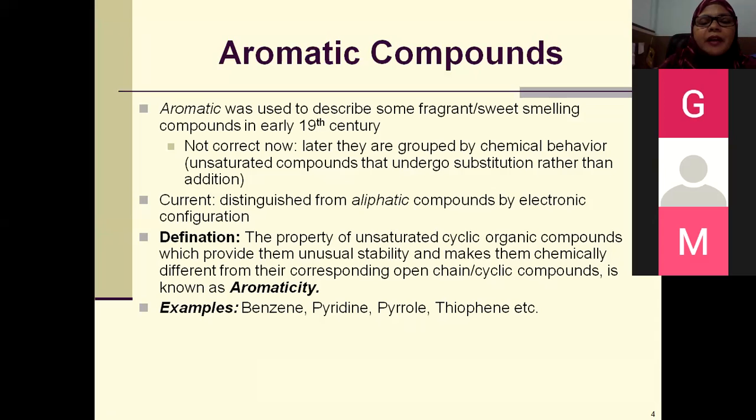Pyridine is a 6-membered compound containing 1 nitrogen atom. Pyrrole is a 5-membered compound containing nitrogen. Thiophene is a 5-membered ring containing sulfur. Similarly, furan is a 5-membered ring containing oxygen.